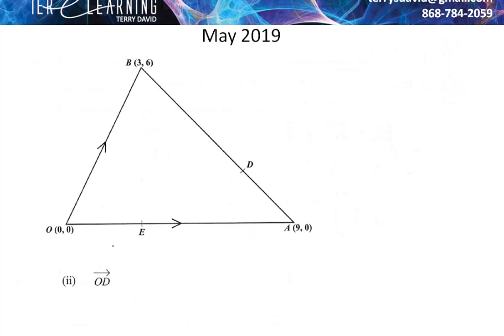Now the next one they want. Let me just write this down so I won't forget it. AB is equal to minus 6, 6. We know this. Now you want to find the vector OD. Where is D? D is this. You want to find OD.